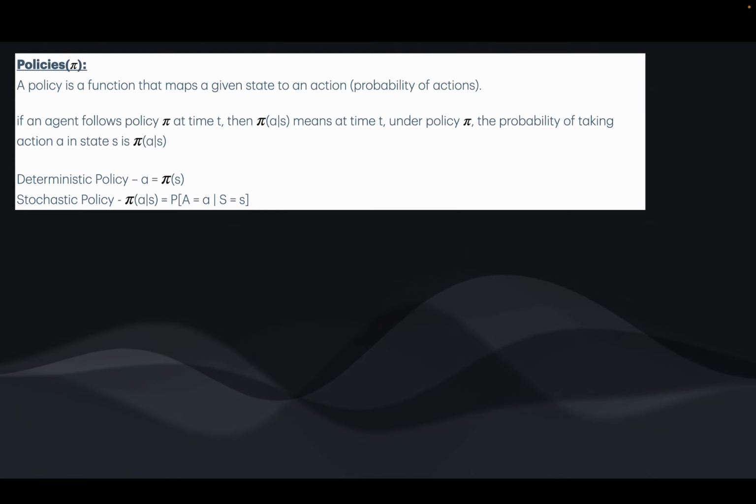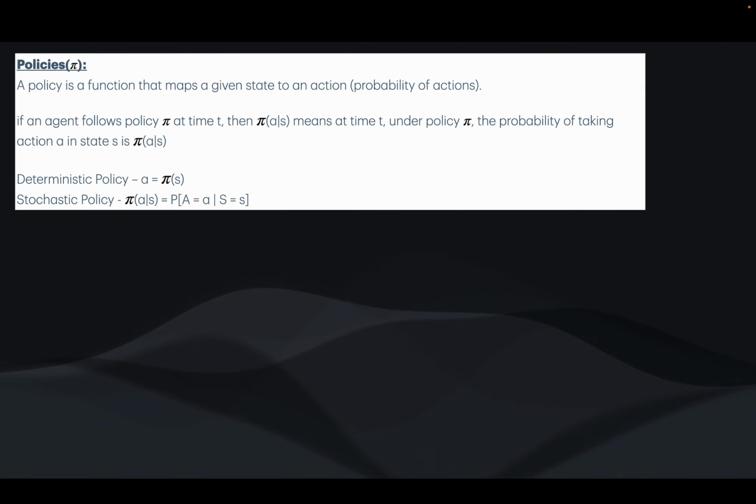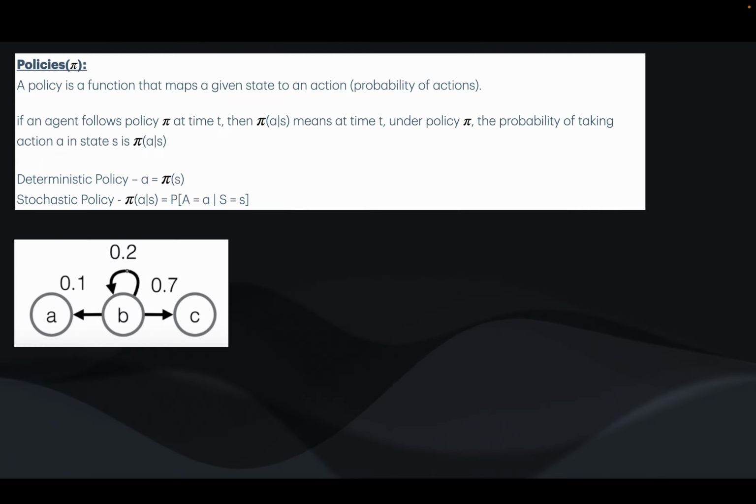This is how you denote a policy. A policy maps an action to a given state. For a deterministic policy it is a equals pi(s), but in a stochastic environment you come up with a stochastic policy, pi(a|s), which is the probability of taking action a while being in state s. This is what I was trying to explain.